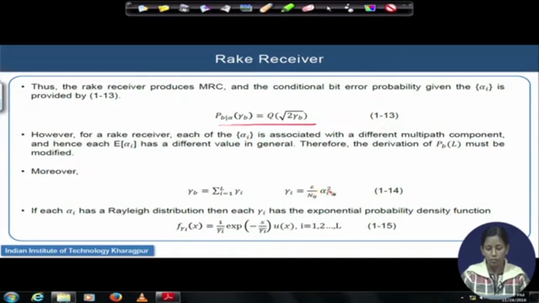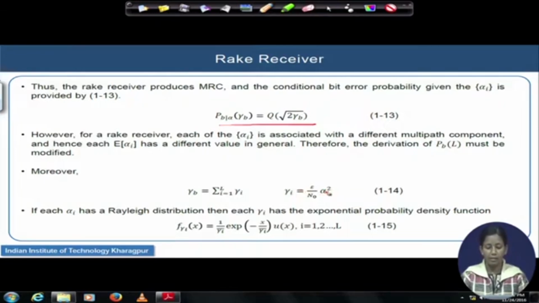So, sigma into epsi into alpha I square by n0, where epsi is a reduction in the total alpha I. Epsi is the signal power multiplied by the power of the channel coefficient that we are getting.